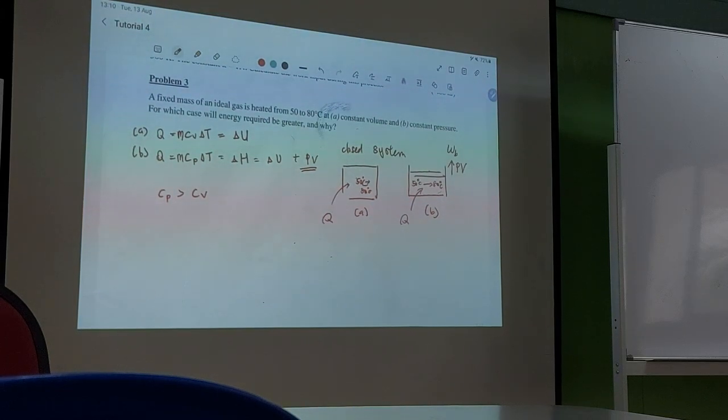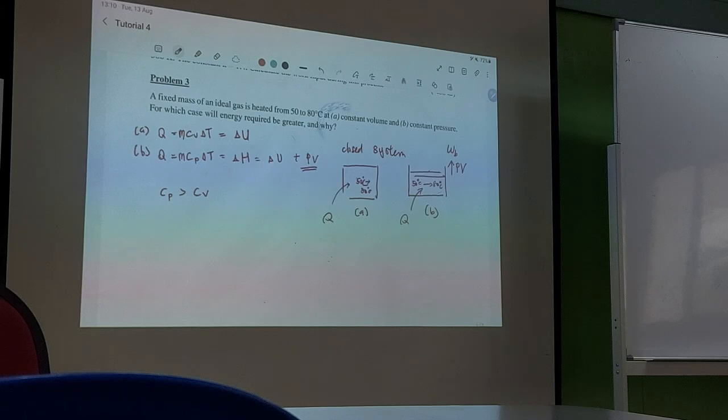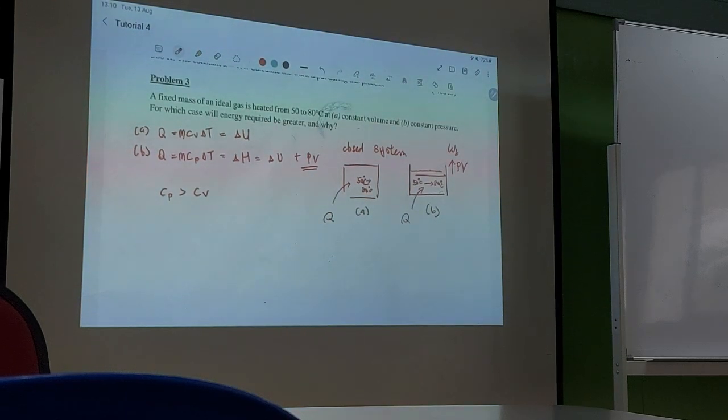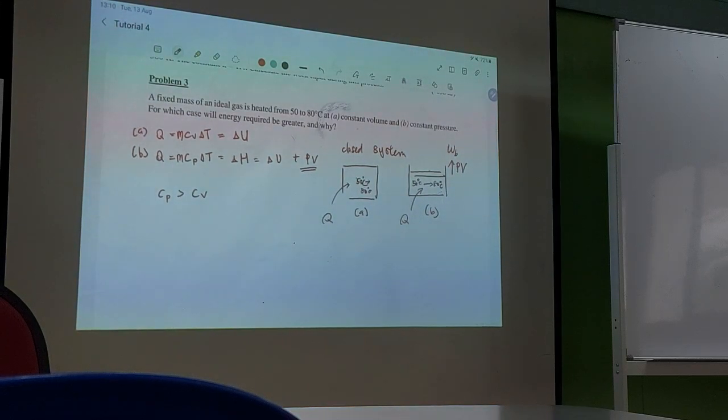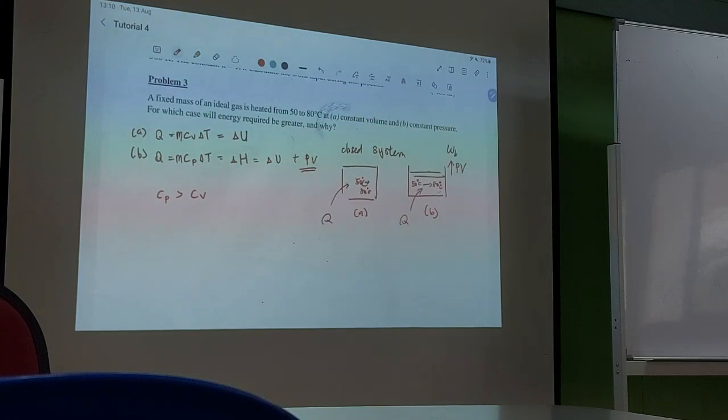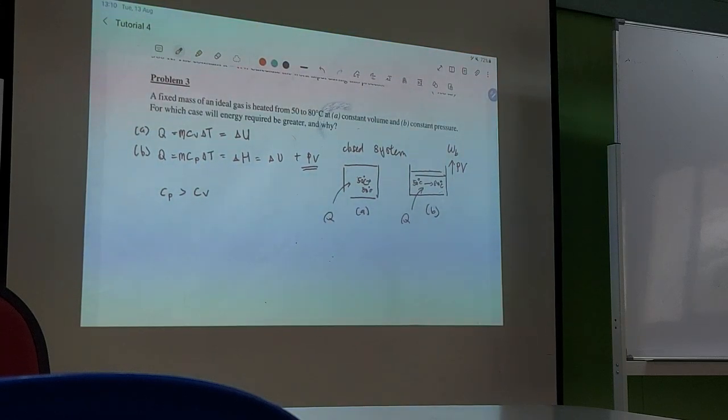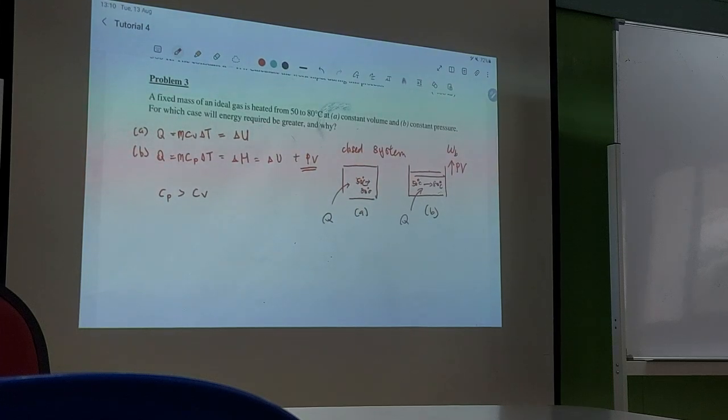So enthalpy always has a higher energy compared to internal energy because you have the additional PV there. In a closed system the PV is boundary work. In an open system that PV is flow energy. Okay, so this is just something a bit more theory here.